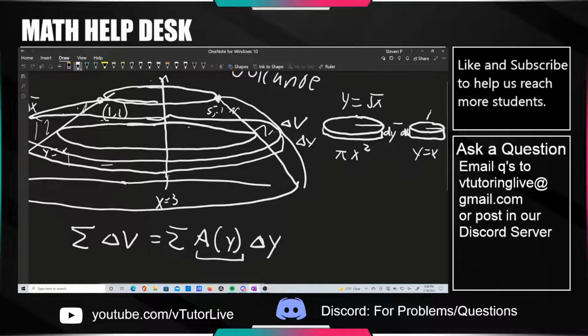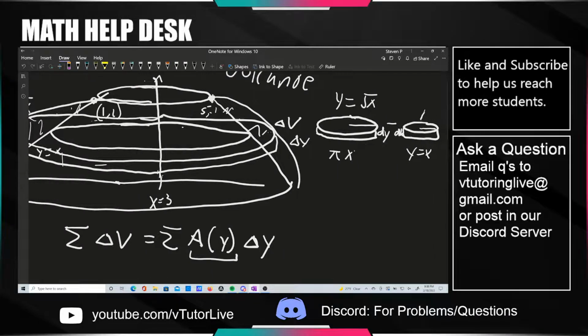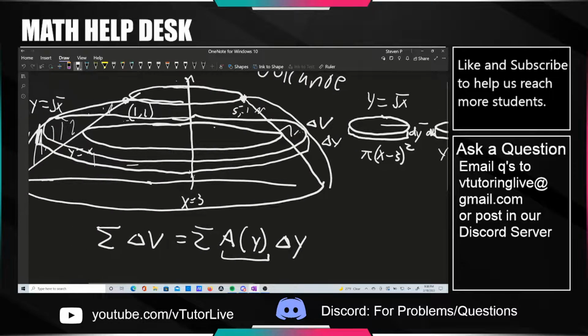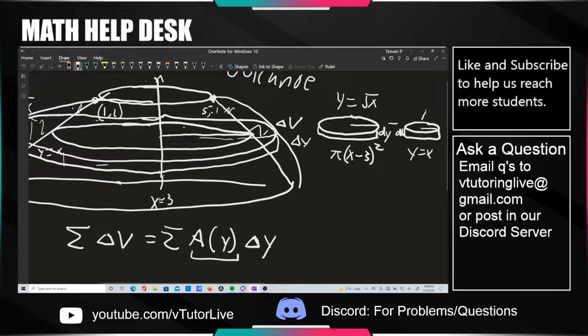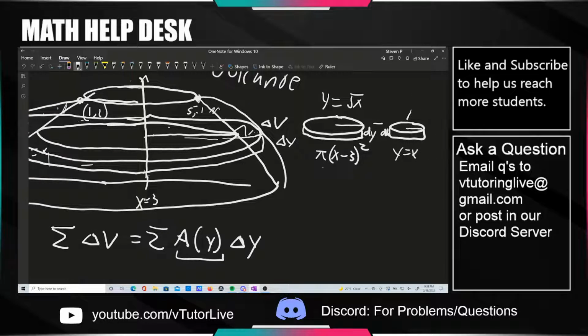Or rather, it's pi times x minus 3 squared. You see that? Because we're centered about x is equal to 3. So the radius for the inner thing is just the distance from 3 to whatever that line is. And the radius for the other one is the exact same idea, x to the outer one. But the idea here is we basically just want to put this in terms of y instead.